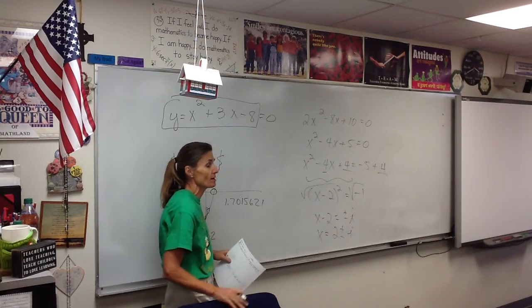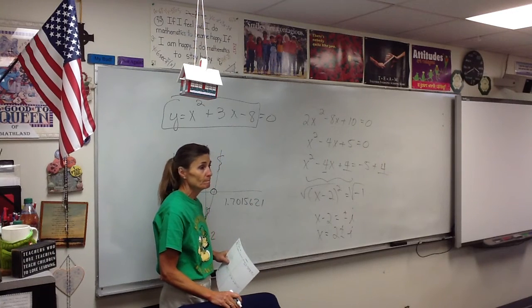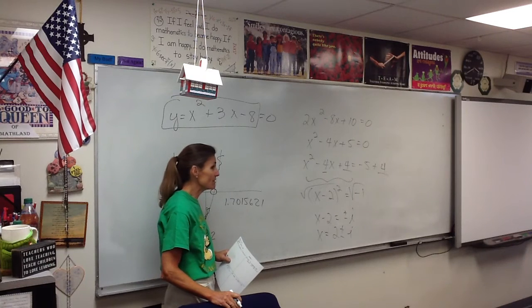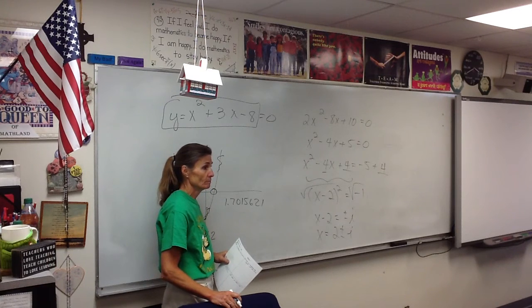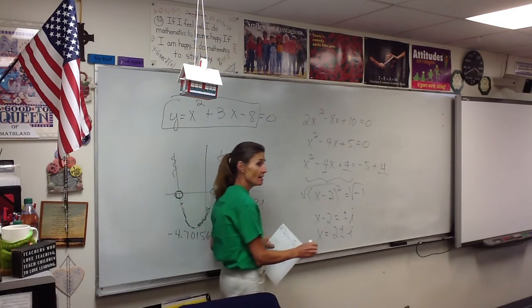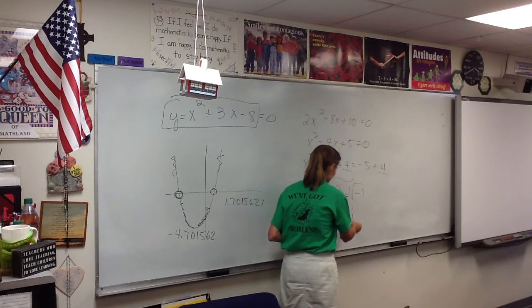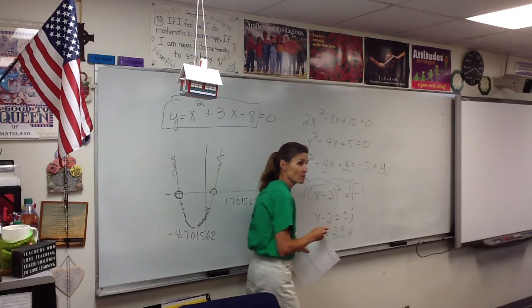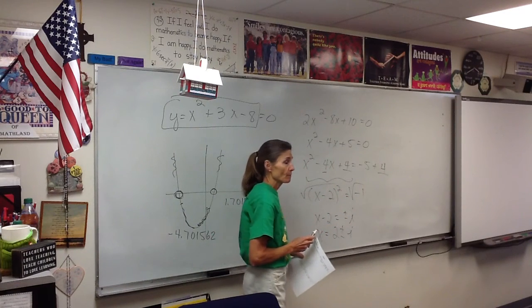You can just stop right there, right? Anybody have an issue? What did we learn on the quiz we took the other day? If your radical breaks down, make sure you break it down, right?